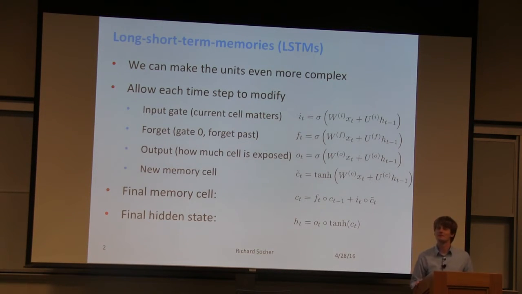Yeah? Can you give a little bit more information about how the input gate, which is the i, and the input modulation, or the block gate, which is C tilde t, are actually interacting with each other? I guess in general, the input gate basically can just modulate how much the current time step matters.